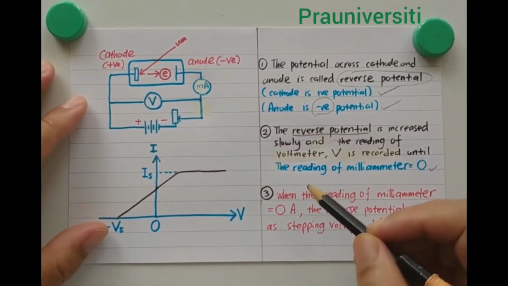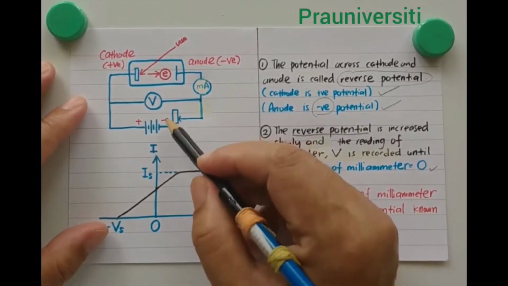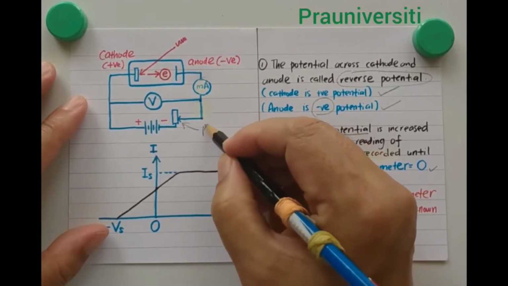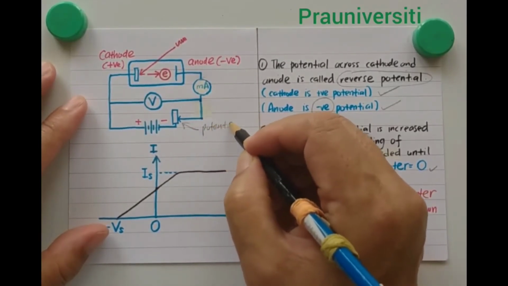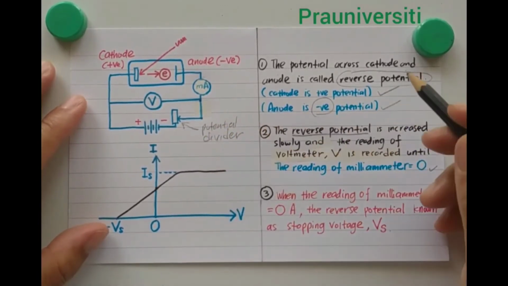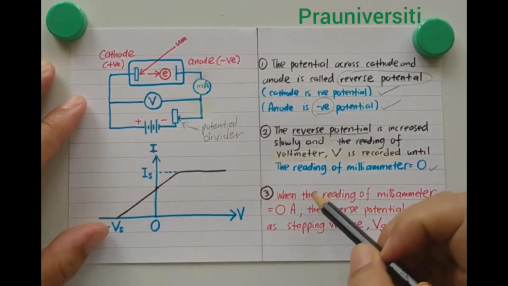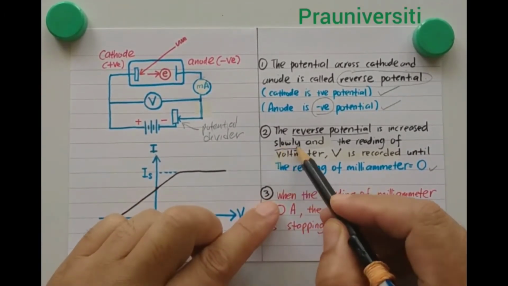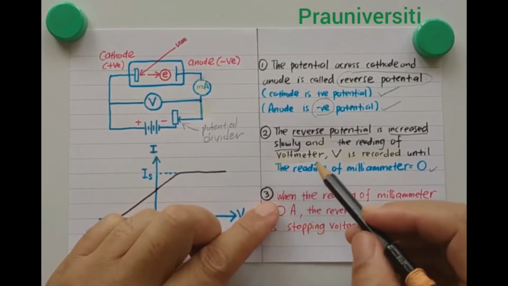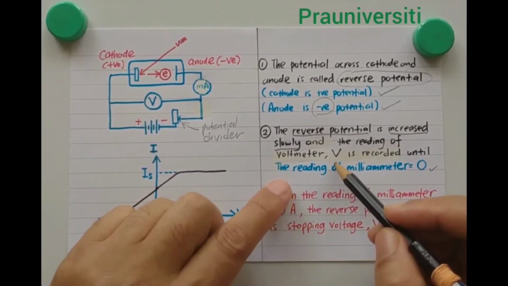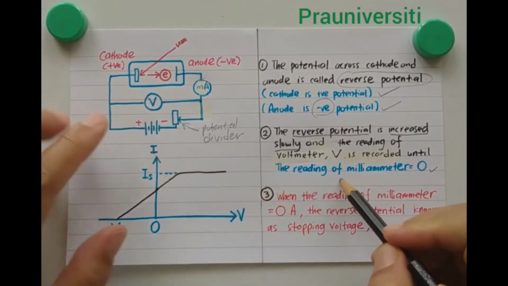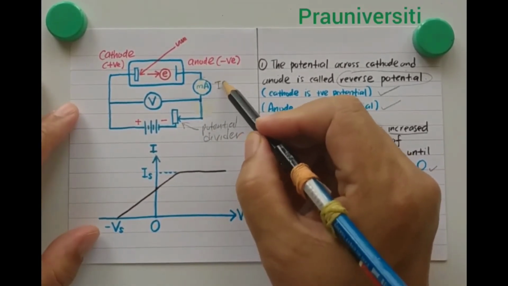So we are increasing the reverse potential by adjusting the potential divider, and we record all the readings of the voltmeter. We stop when the reading of the milliammeter is equal to 0.